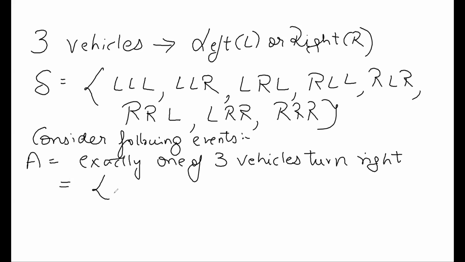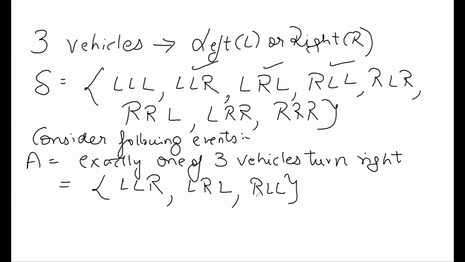If exactly one of the three vehicles turns right, I'll take LLR, because exactly the third vehicle turns right. Similarly, I'll take LRL, and RLL. So exactly one of the three vehicles turned right. This is my answer.